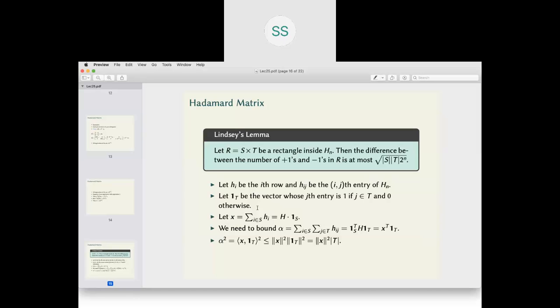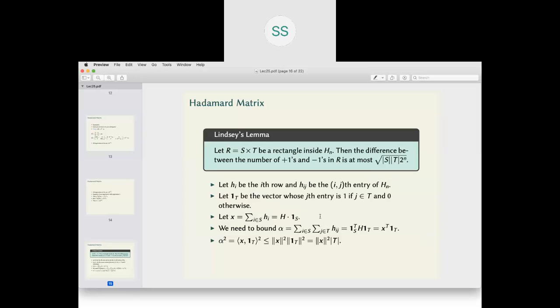And so now one subscript T is a vector which is zeros everywhere except for those entries which correspond to entries of T, and those entries are 1. And similarly, one subscript S is a vector whose jth entry is 1 if j is in S and 0 otherwise. Okay. Now I didn't explicitly define one subscript S, but I'm using that in the next line.